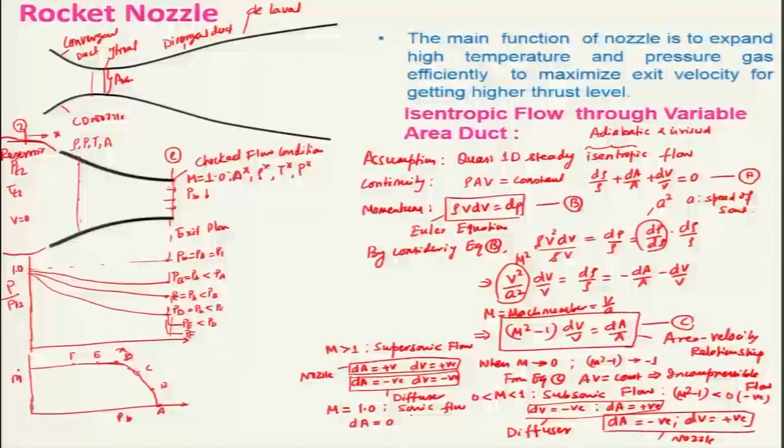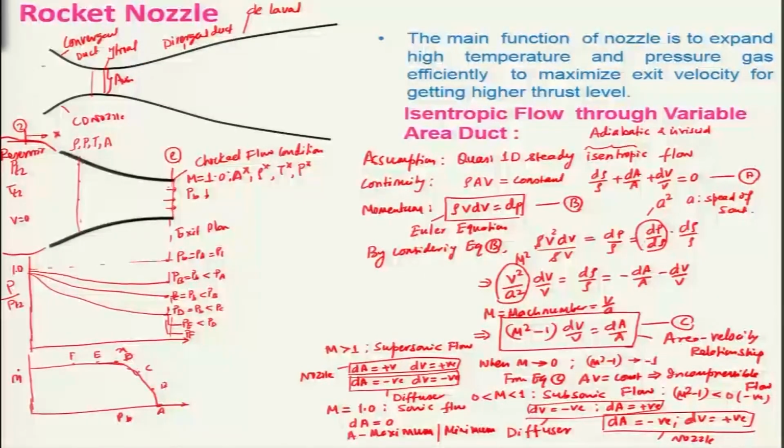That means the area can be maximum, or it can also be the minimum. A minimum area is physically feasible, whereas a maximum area is not really physically possible. For example, in a convergent divergent duct, this area is minimum.